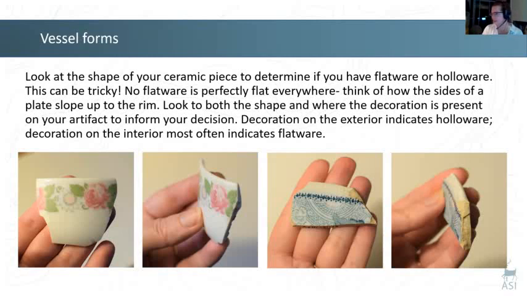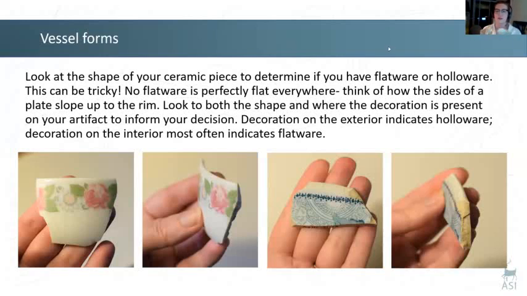But they're not the same vessel. And you can tell that from where the decoration fits on the piece. So this piece, decoration is on the outside, and then there's a decorative band on the interior. It matches exactly what this teacup is. It's got the decoration, and they even fit.